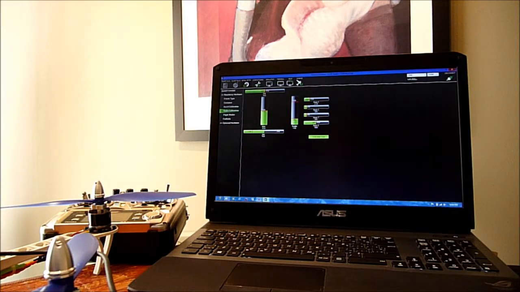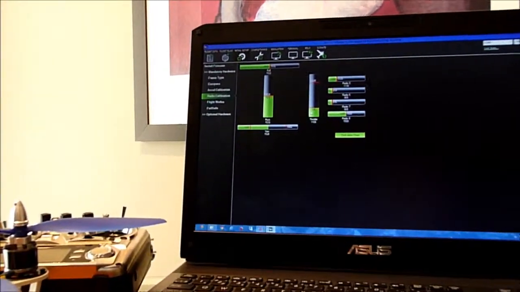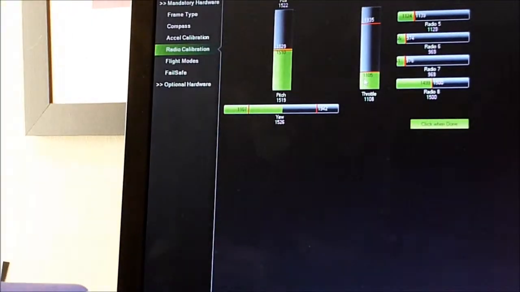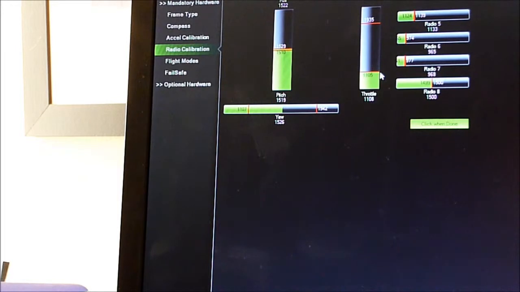And when I would finish the sequence and try to arm it, it wouldn't see the throttle as being at its lowest point, because it had jumped lower than its actual resting point. So I couldn't arm it, and I couldn't figure out why I couldn't arm the APM.